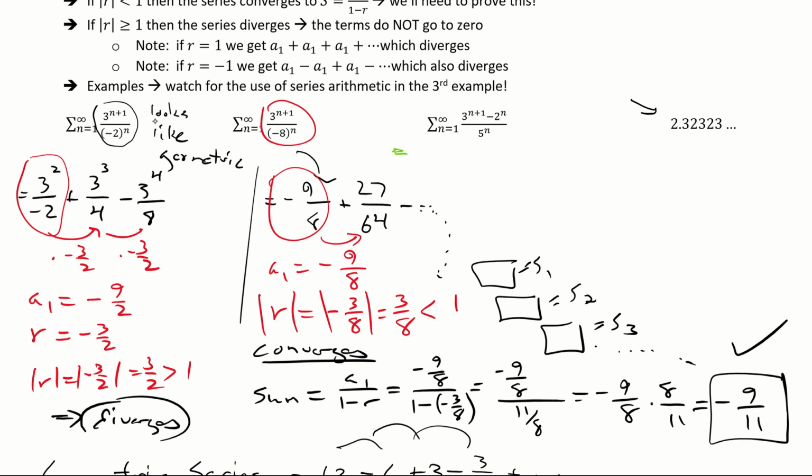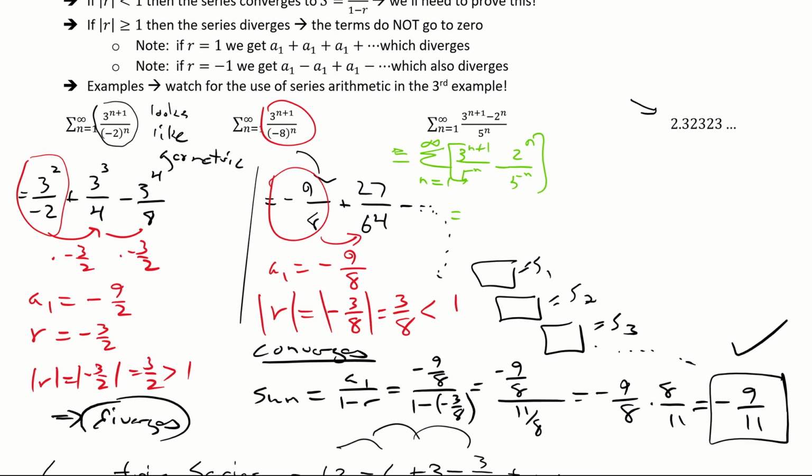In this case, we use a property of series that I didn't discuss, and we can actually split this apart. The sum from n is 1 to infinity. People have trouble with this. 3 to the n plus 1 over 5 to the n minus 2 to the n over 5 to the n. You know what happens?